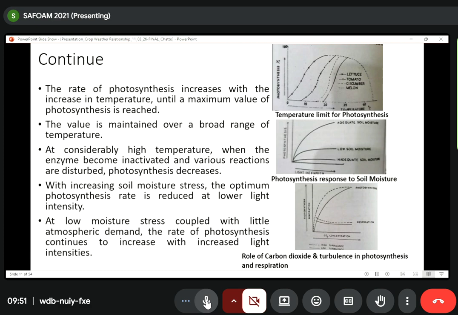With increasing soil moisture stress, the optimum photosynthesis rate is reduced at lower light intensity. So when the light intensity is low and there is soil moisture stress, photosynthesis decreases. And at low moisture stress, coupled with little atmospheric demand, the rate of photosynthesis continues to increase with increased light intensity, which I just mentioned.